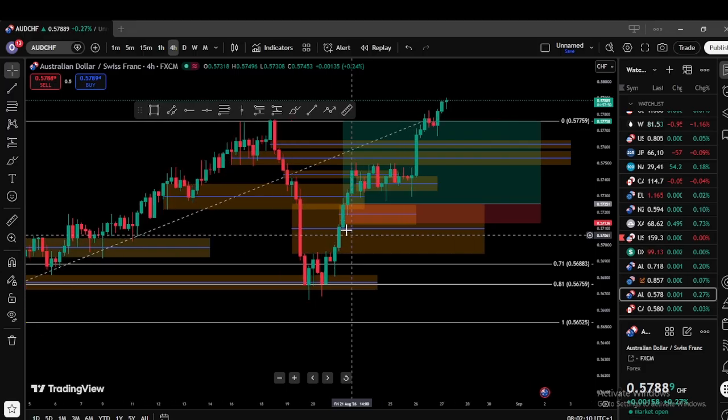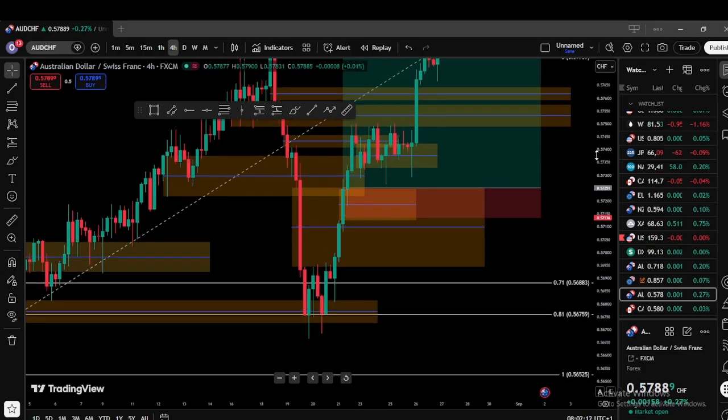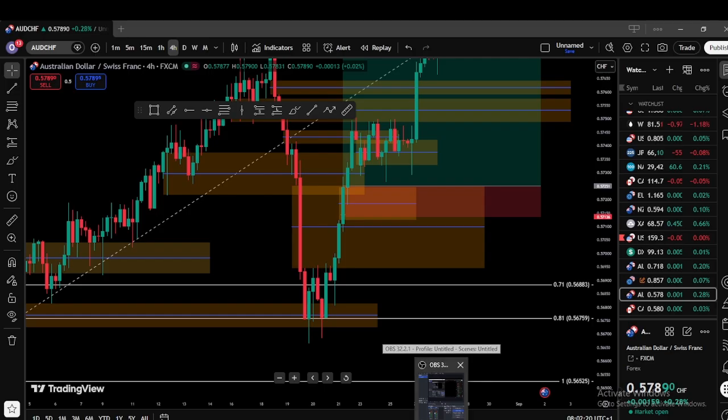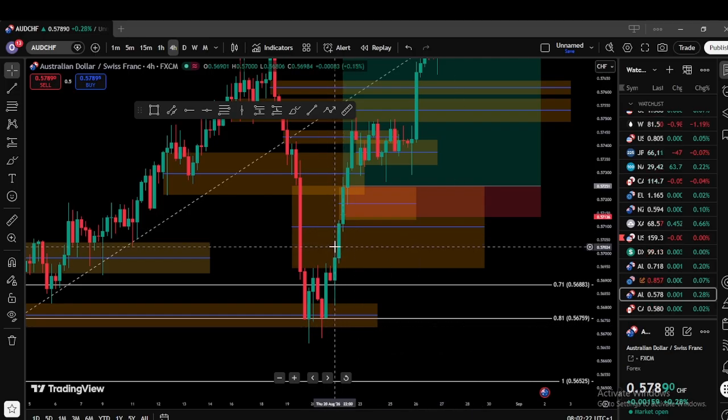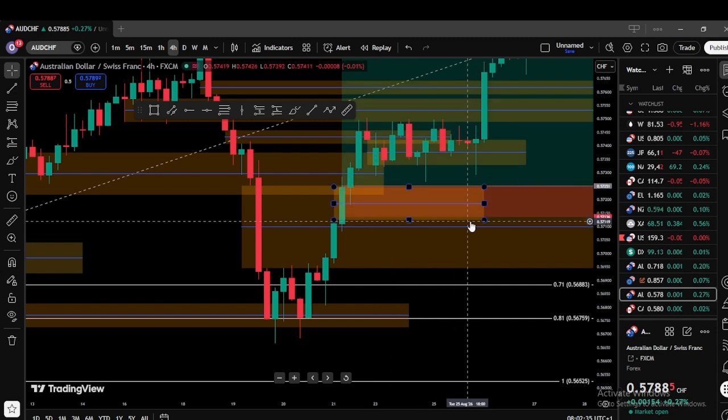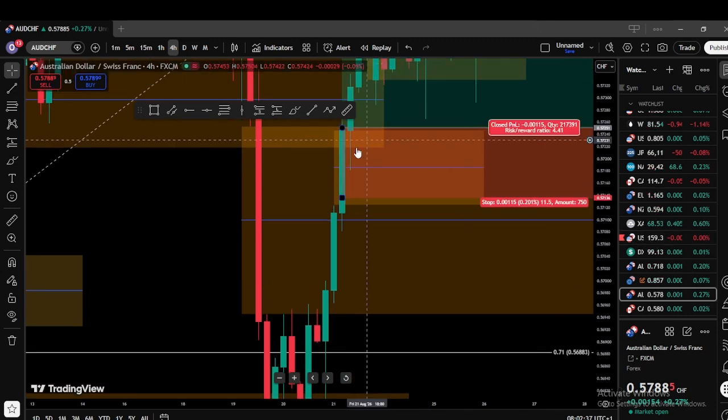As soon as you're able to close into it, like I mentioned in the last video, I was not awake when this particular candle was forming. This one formed from 6 o'clock to 10 o'clock, and then I executed the trade right here and set my stop loss.